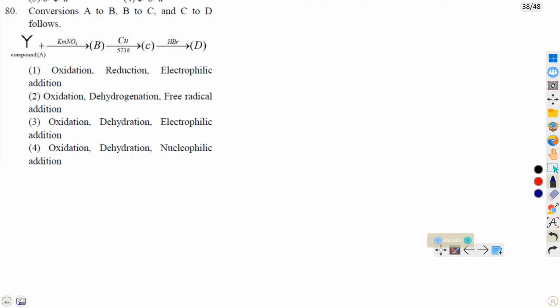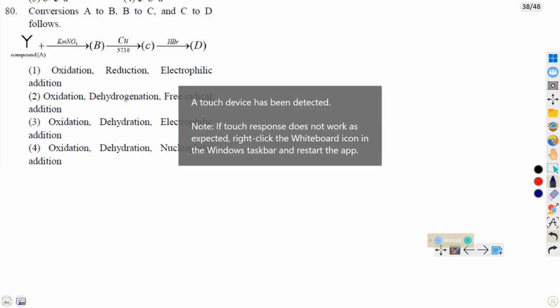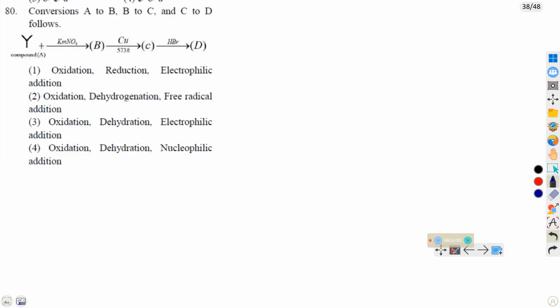Conversion A to B, B to C and C to D follows. Okay, first of all, KMnO4 is a strong oxidizing agent, so oxidation favors.